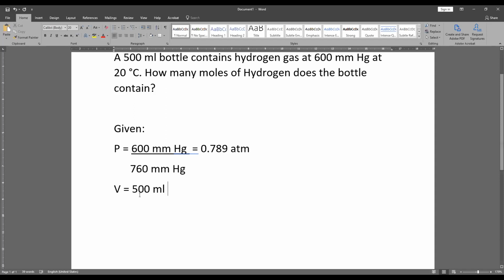Since it should be expressed in liters, we need to convert this one. How can we convert ml into liters? We divide it by 1000.